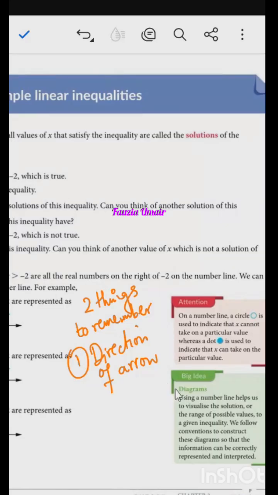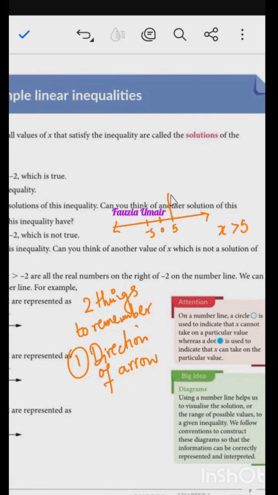For example, if I am drawing a number line here, and the inequality is x bigger than 5, with 5 here, 0 here and -5 here, in which direction should I put the arrow?